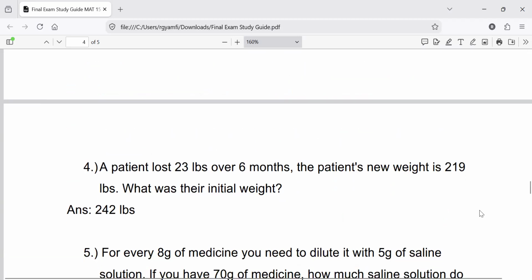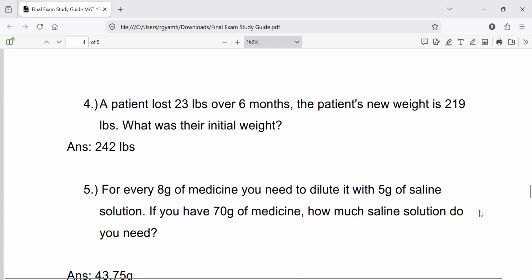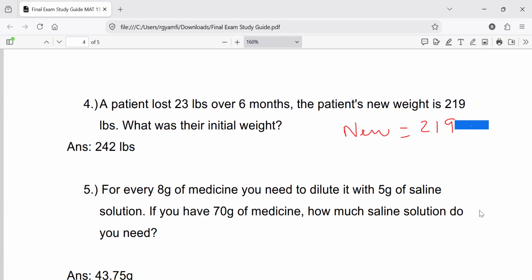Okay, let's keep going. Number 4. You've got a patient that has lost 23 pounds over 6 months. The patient's new weight is 219 pounds. What is their initial or original weight? The new weight is 219. The old weight, we don't know it.